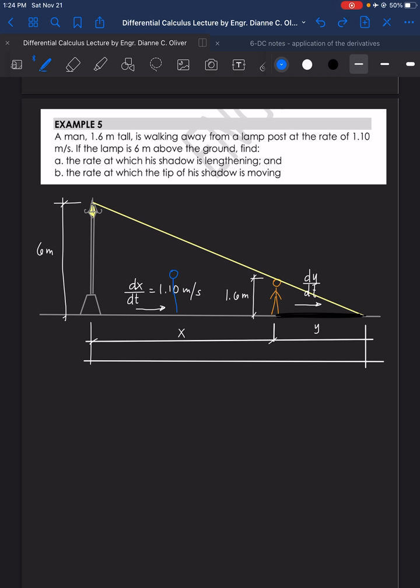Now, the problem says that the man is walking away from the lamp post. So originally, the man is standing here near the lamp post. If the beam of light hits the man, obviously the tip of his shadow is located almost at the post. It means the origin of the measurement of the movement of the shadow is located at the lamp post.